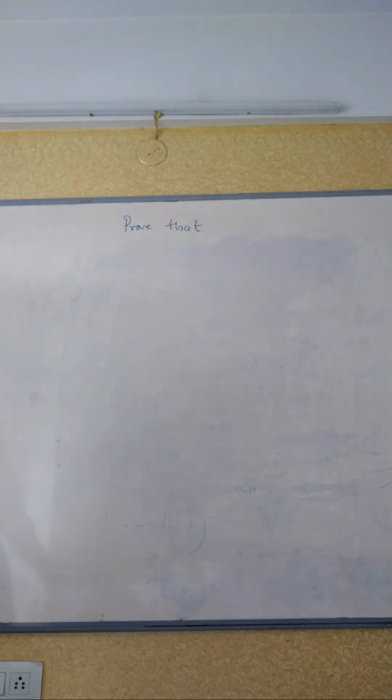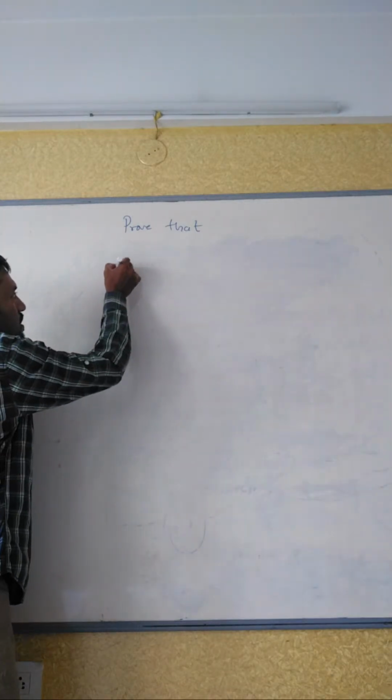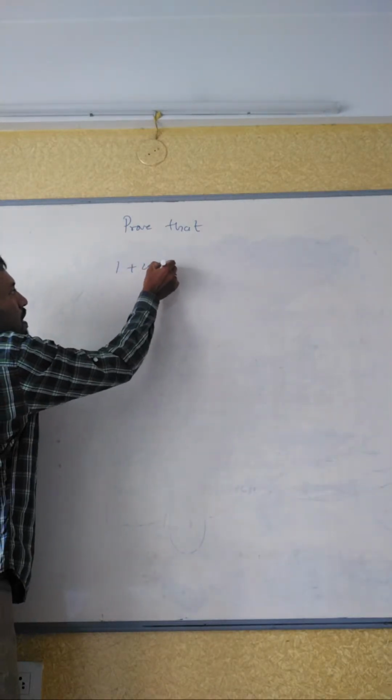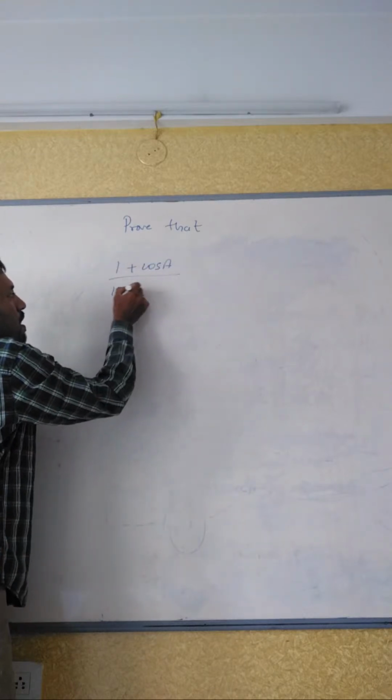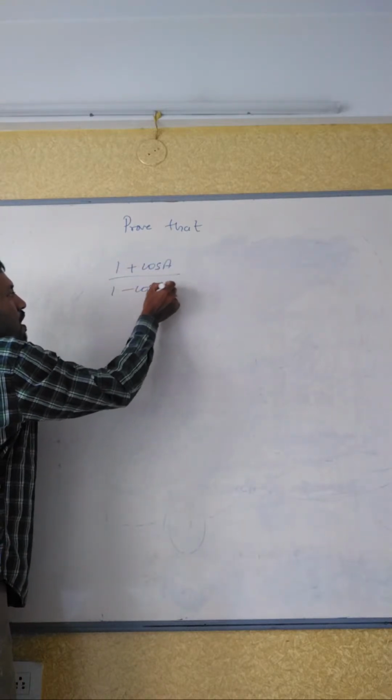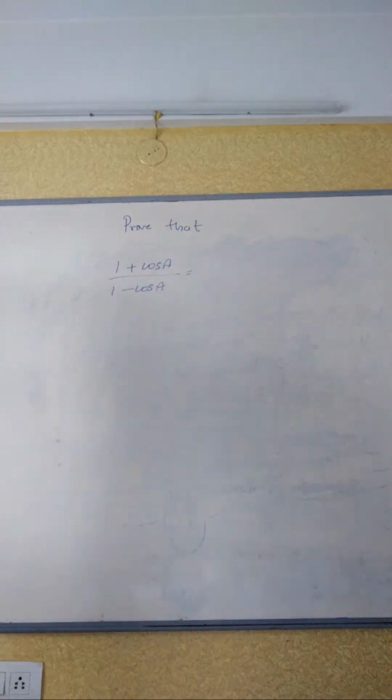One plus cos a over 1 minus cos a, as cosecant A plus cot A whole square.